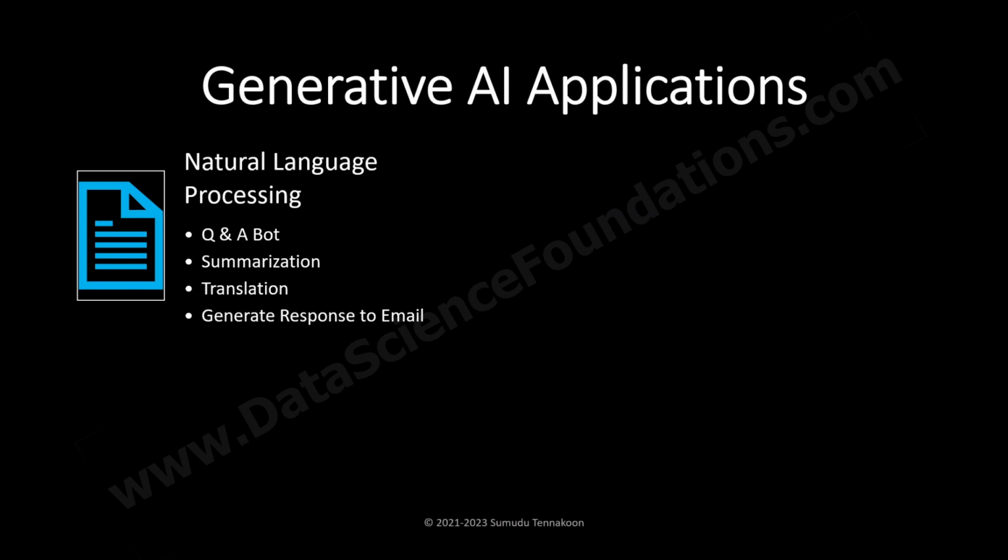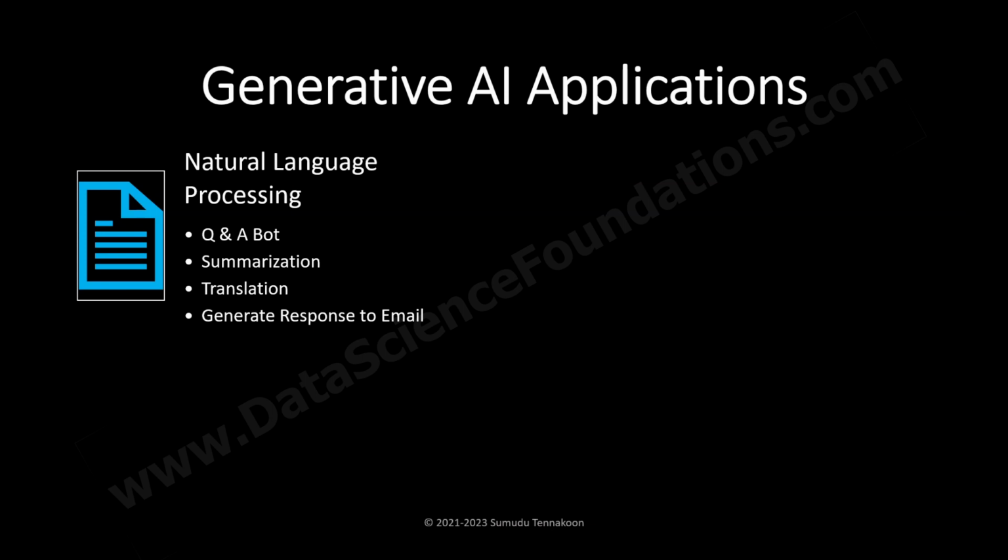You can have a generative AI model employed as a Q&A bot, which is capable of question answering. And also you can do various summarization tasks. If you have a long text, could be long meeting minutes, or maybe your class notes, you can use a generative AI model to understand it and generate a summary of it.